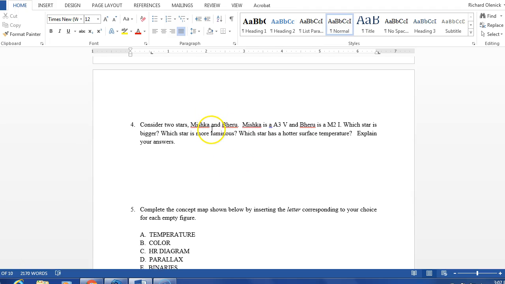We have 2 stars. Mishka is an A3b and Baru is an M2I. Which star is bigger? Well, we know that the luminosity class 1 stars are going to be the supergiants, so Baru is going to be the bigger one. Which one is more luminous?